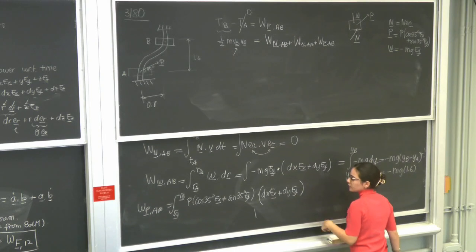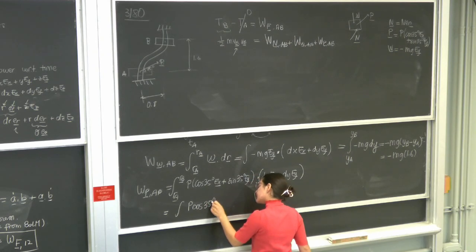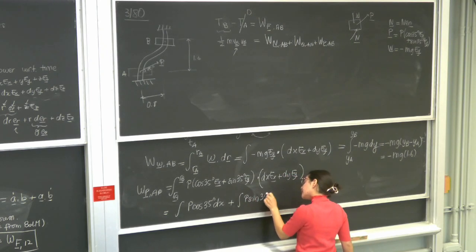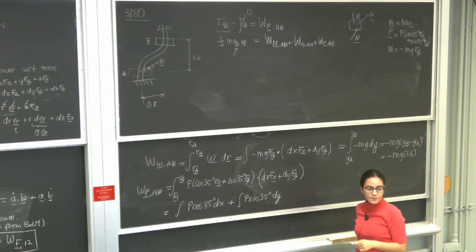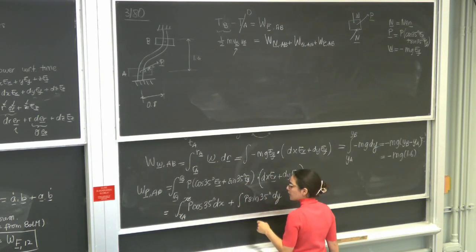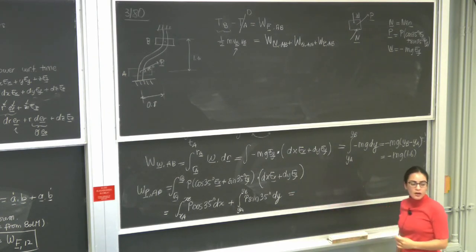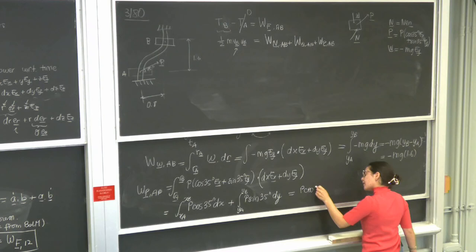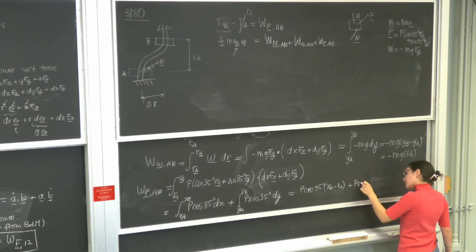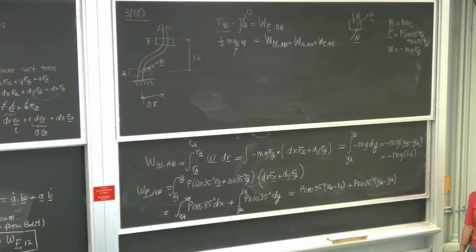So that's equal to the integral of P cosine 35 degrees dx plus the integral of P sine 35 degrees dy. Good? And x goes from xa to xb. y goes from ya to yb. Okay? Now P and the angle are constants, so I can write this as P cosine 35 degrees times xb minus xa plus P sine 35 degrees times yb minus ya. Right? Questions?